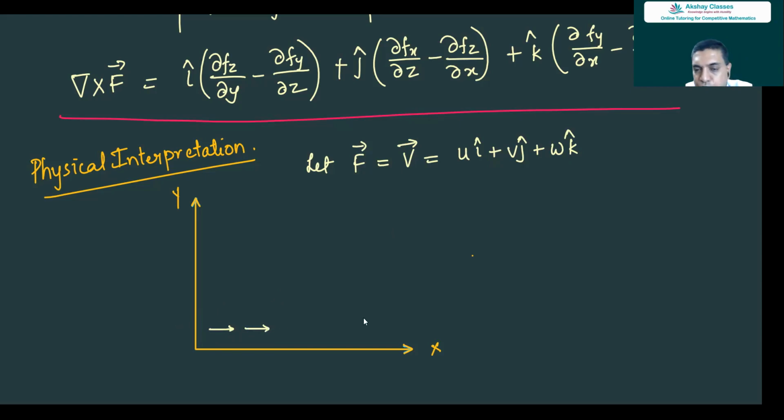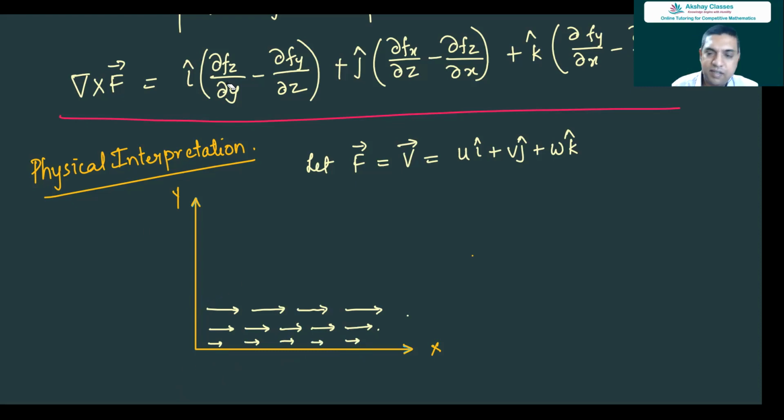That means that fluid is flowing at any given point. The velocities along the x direction are not increasing as we move along x. But let's say the velocities are increasing in the y direction. At any given point, velocity is increasing. And here the velocity is smaller, closer to the x-axis, and on the x-axis, velocity is 0.